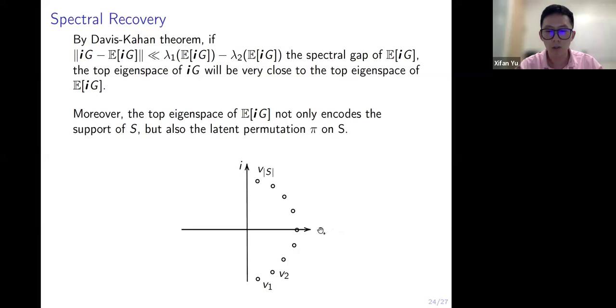So on the imaginary plane, the coordinates are evenly spread out on a semicircle in a counterclockwise order.